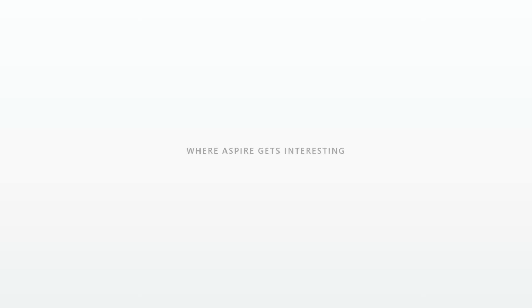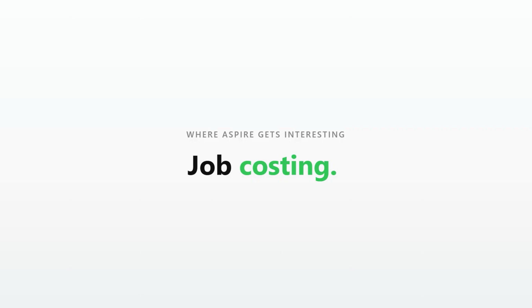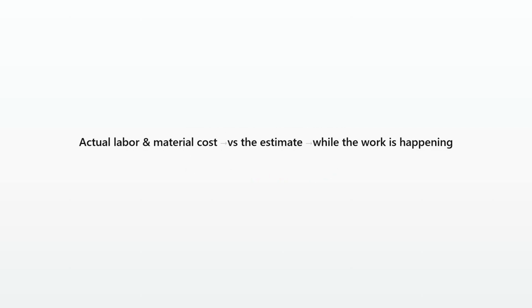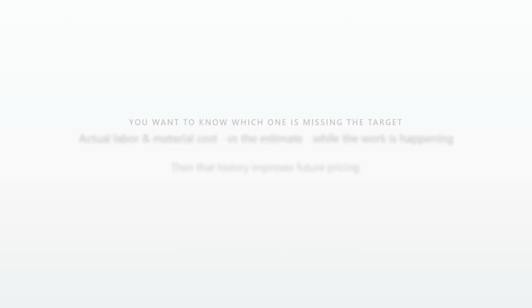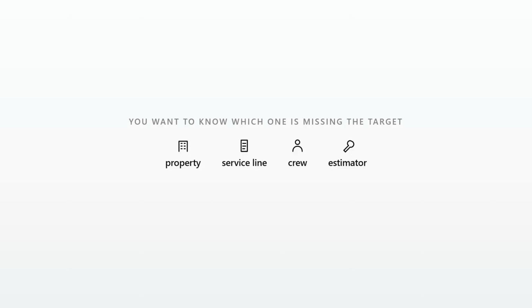But here's where Aspire gets really interesting: job costing. The system is designed to compare actual labor and material cost against the estimate while the work is happening, and then use that history to improve future pricing. For an established commercial landscaping company, that can matter more than a slicker quote screen. You want to know which property, service line, crew, or estimator is missing the production target.